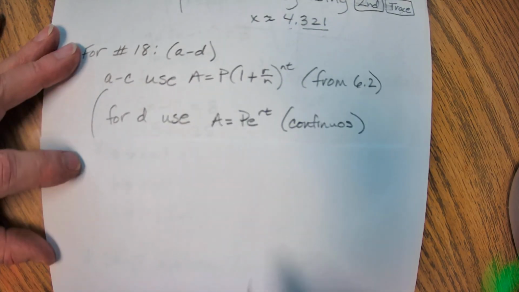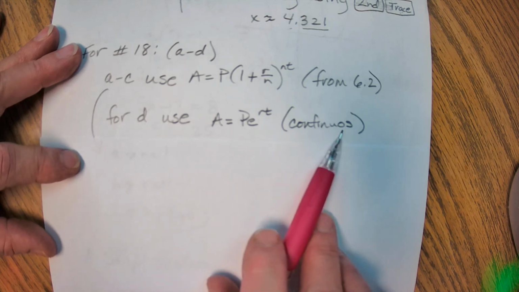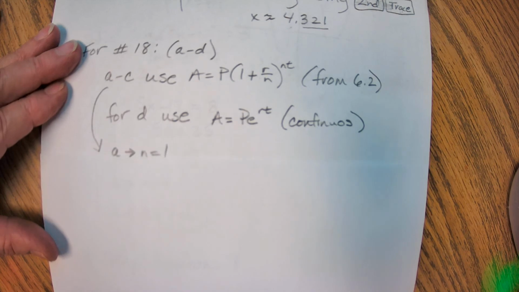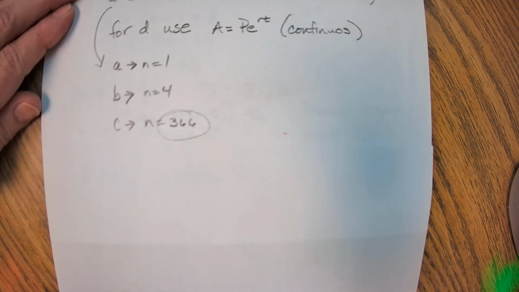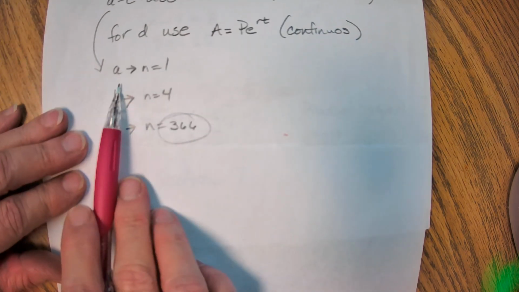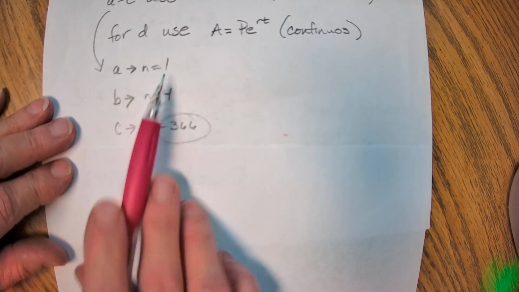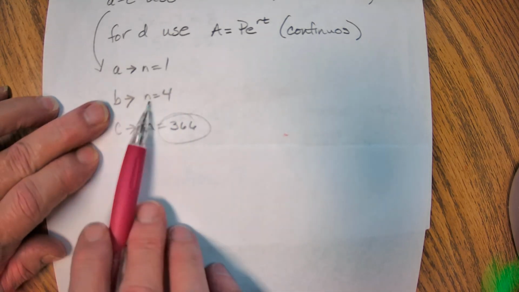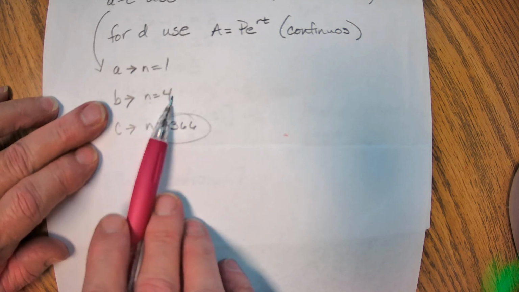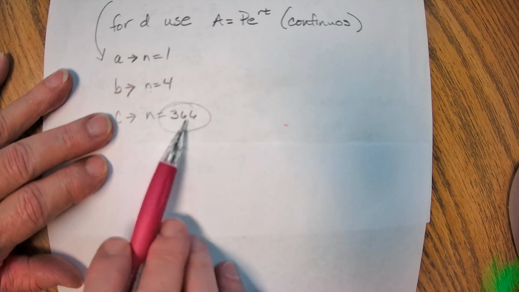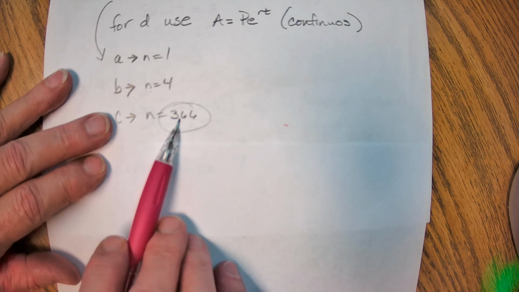For D, you're going to use the continuously compounded interest formula, also from 6.2. And for A, the number of times compounded is 1. For B, the number of times a year it's compounded is 4. And C, the number of times it's compounded is 366.